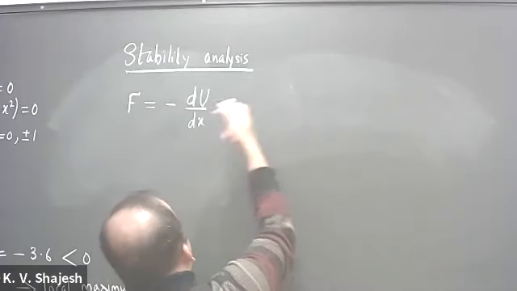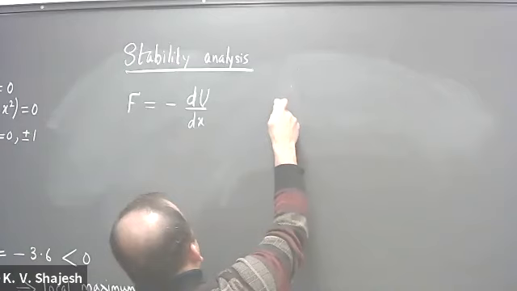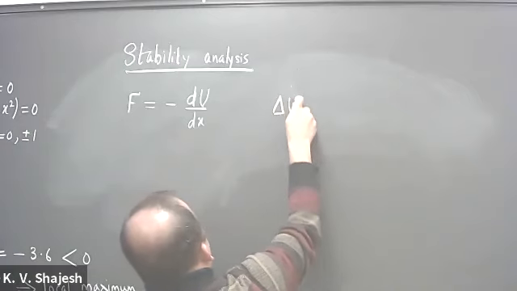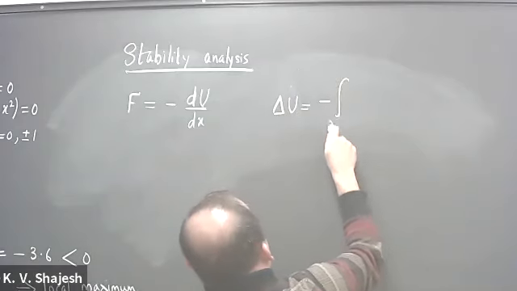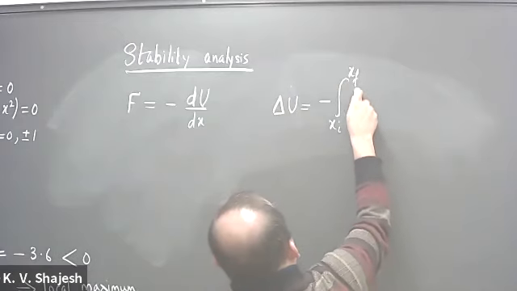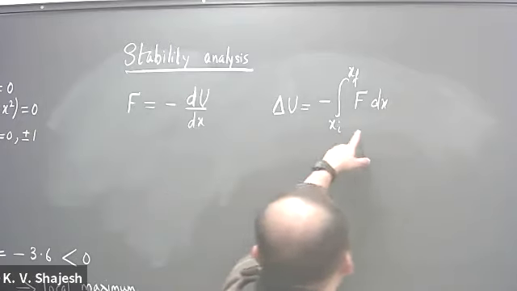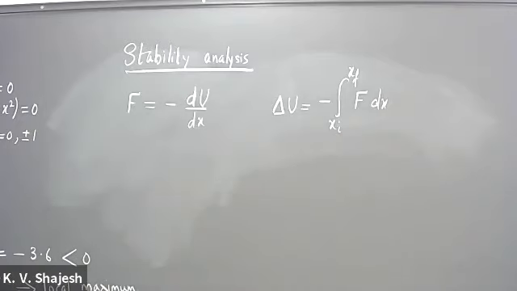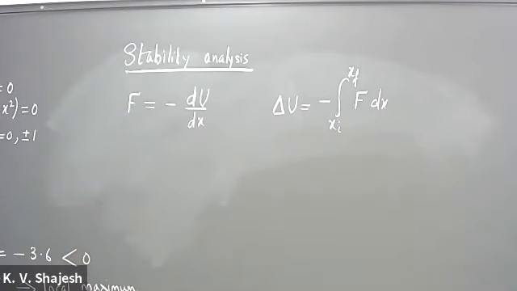And if you're interested in potential energy itself, du or change in potential energy, when you integrate this, is equal to negative integral from x initial to x final of f times dx. No need to specify the path because if the first relation is true, that means it's a conservative force, and in that case, it is independent of the path.